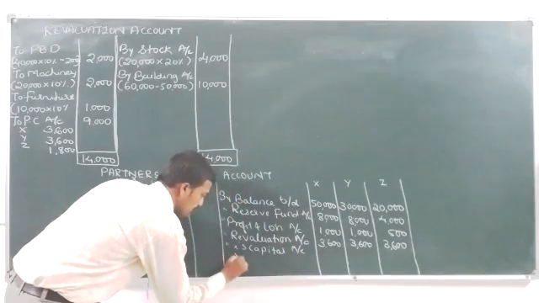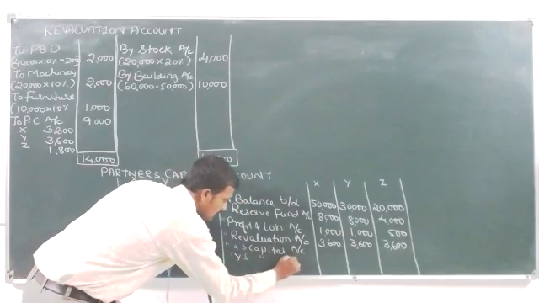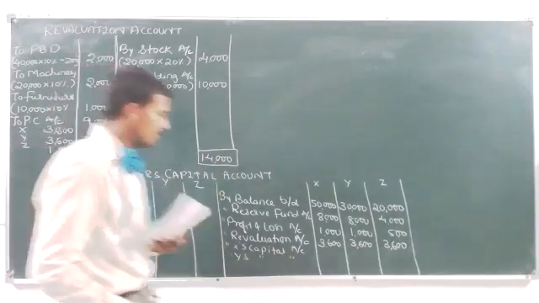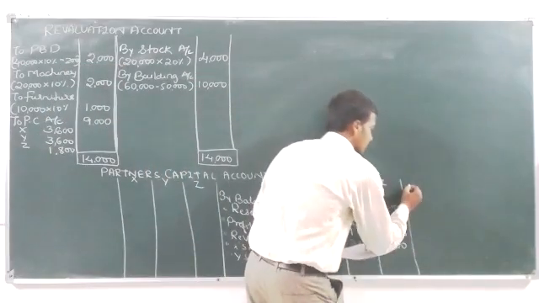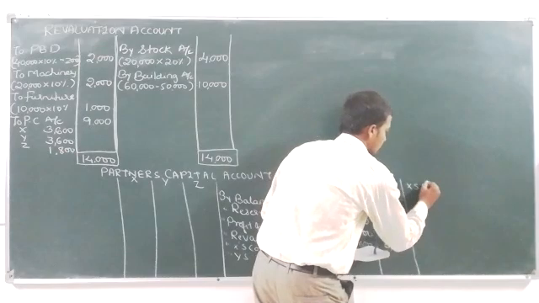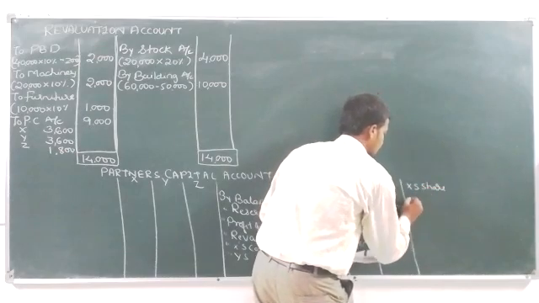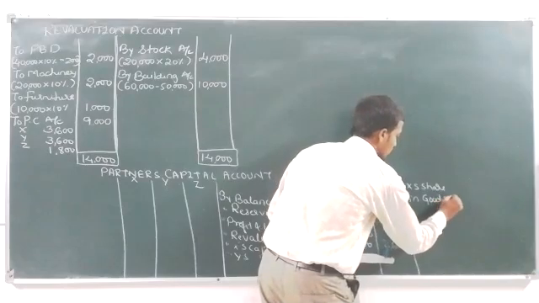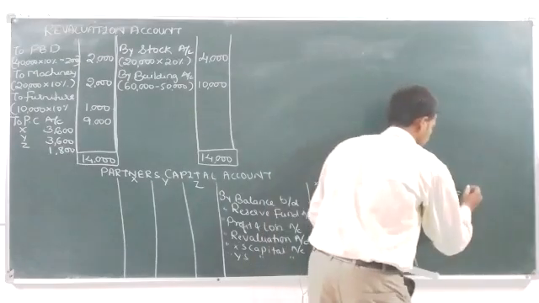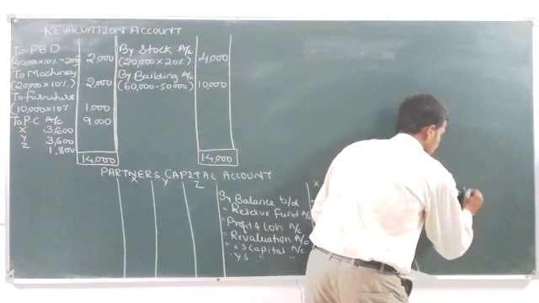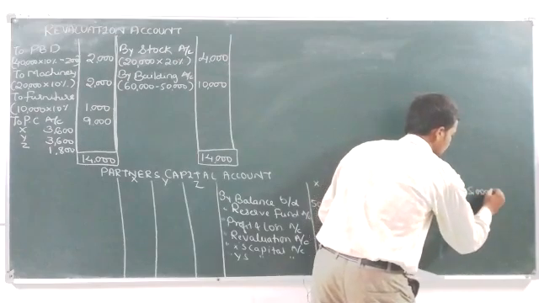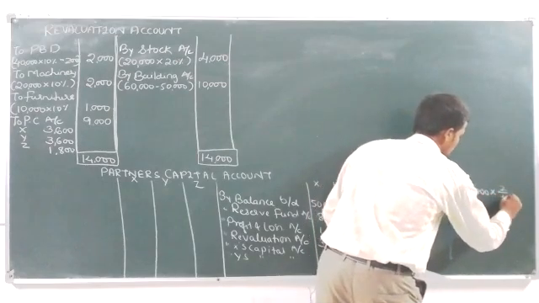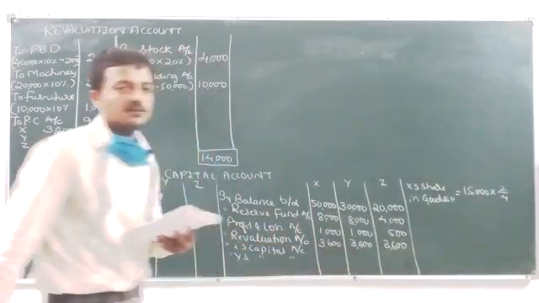And then next by Y's capital account. So if I divide first, X's share in goodwill is equal to 15,000 into 2/4. Why 2/4? Because the ratio is 2:2.